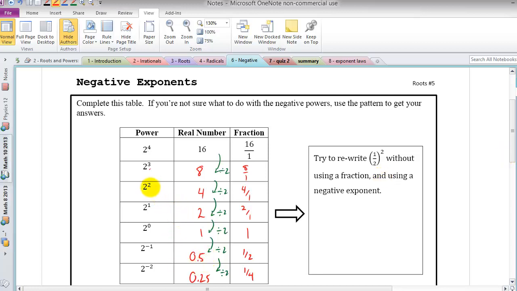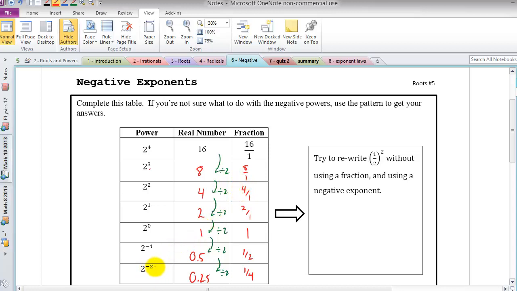So I think the pattern we see here is if the exponent is positive, and we start with a whole number such as 2, then if we write that as a fraction, we have the whole number in the numerator.